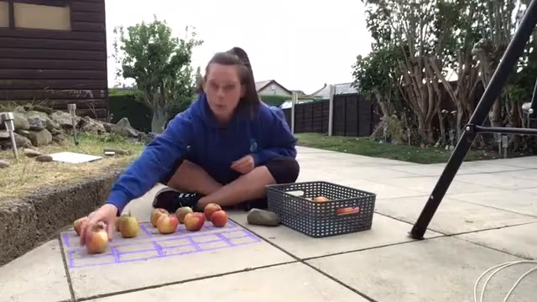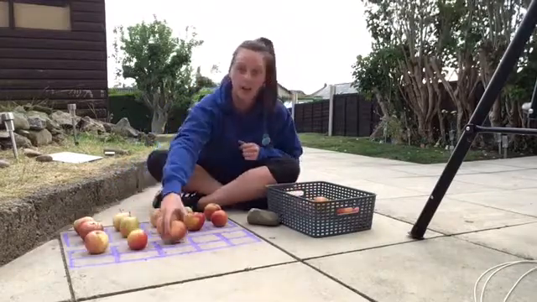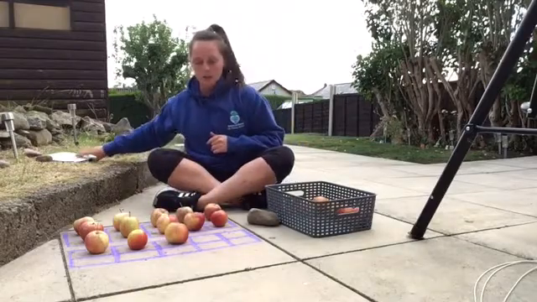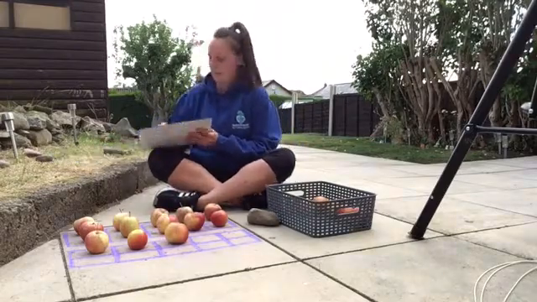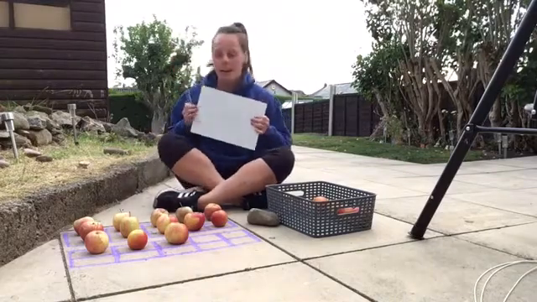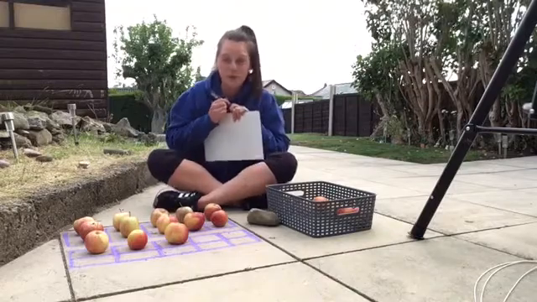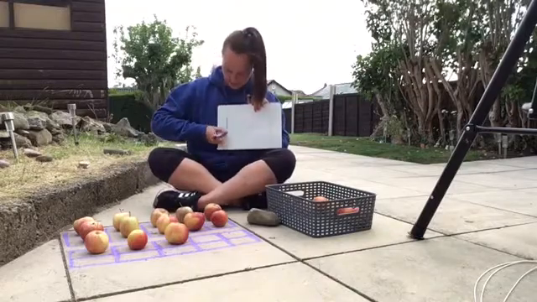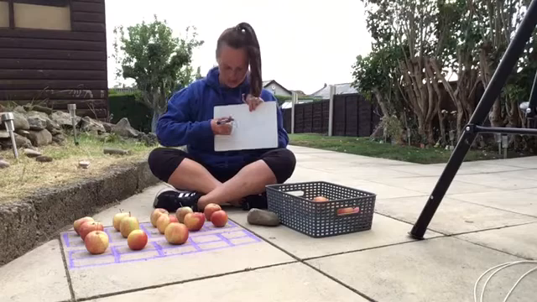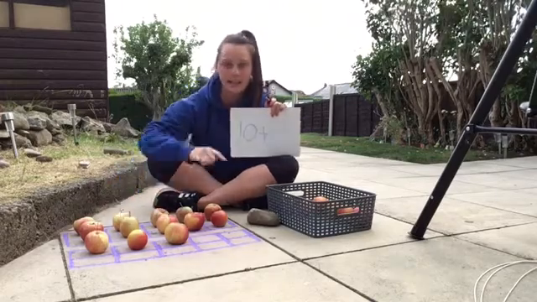So 1, 2, 3. So this time I'm going to get my whiteboard and my pen. So we know the top 10 frame, that is full. So we've got 10, we've got 1 ten, and then we're going to add, and how many did we add this time?